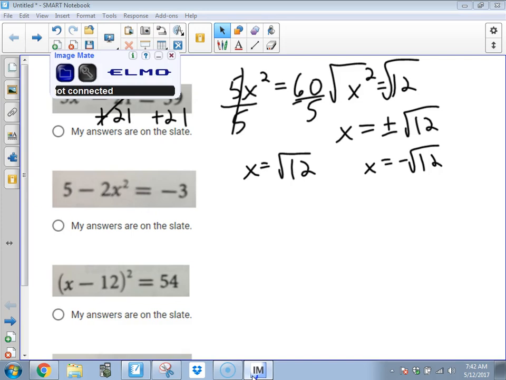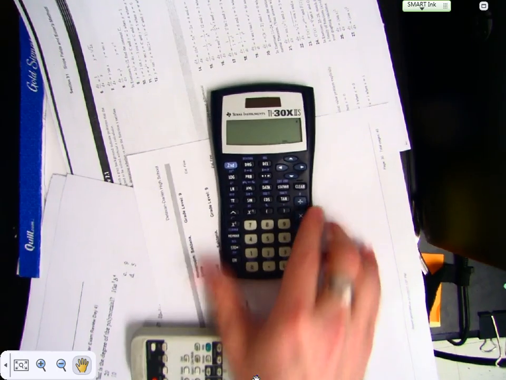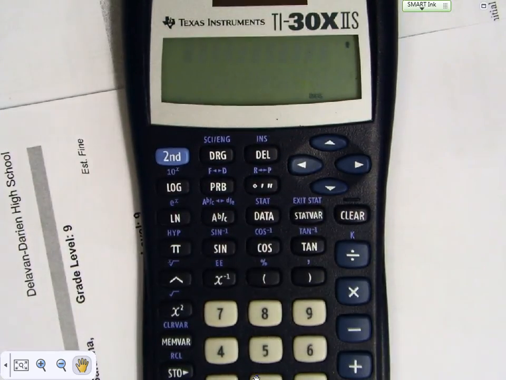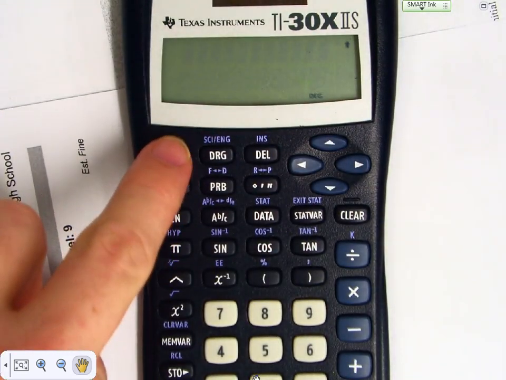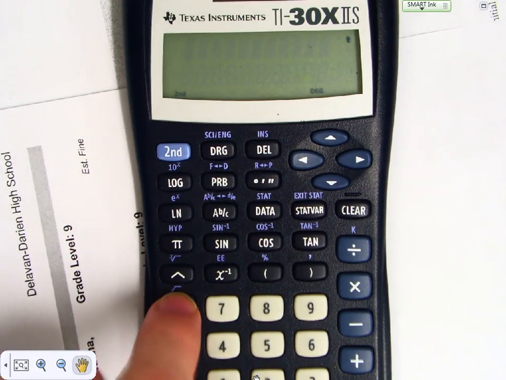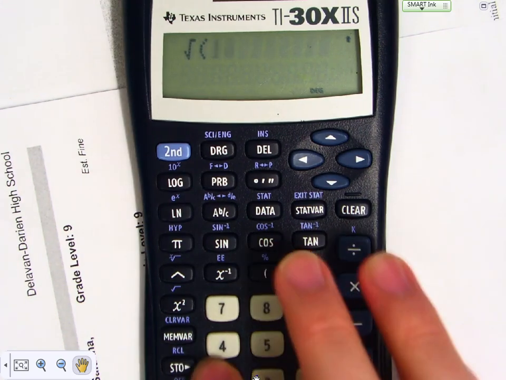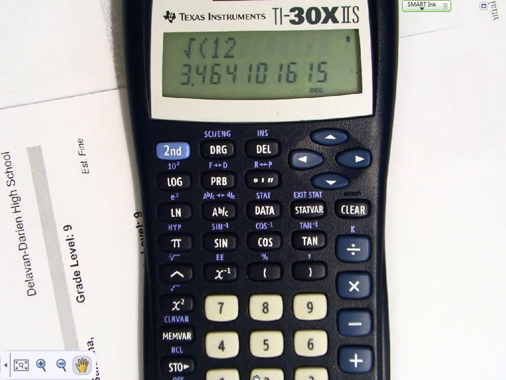So the square root of 12 and how you plug that in. Something like this, okay? So square root of 12 would be, you press the second button, and then the x squared button down at the bottom next to the 7, up pops up the square root. Then you plug in 12 here. You could close the parenthesis, you get 3.46.